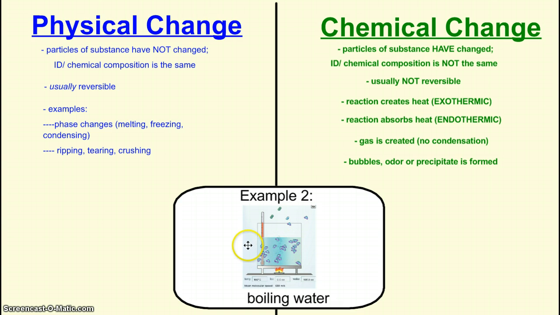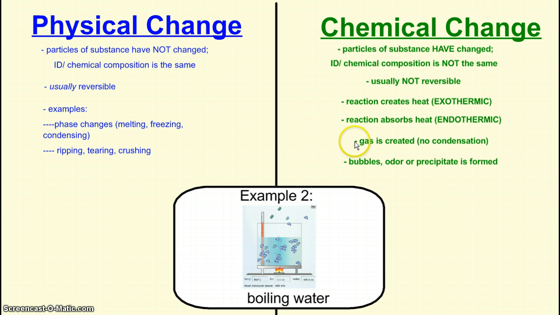Well, water boiling really didn't create any heat. Remember, we had to keep the Bunsen burner on. We had to add heat to that system. So that really doesn't apply to this picture here. So this reaction does not create heat. It does not absorb heat. We are adding the heat. So that's not going to apply to this picture.